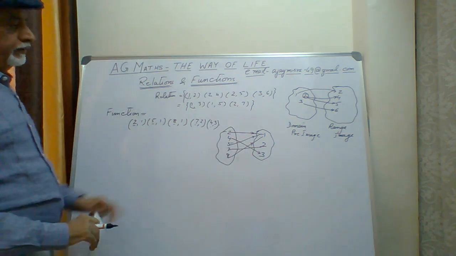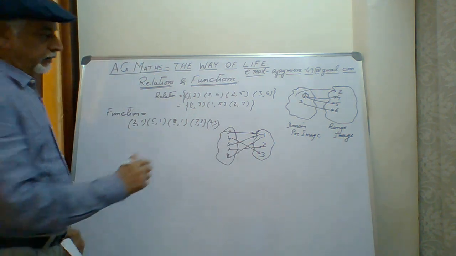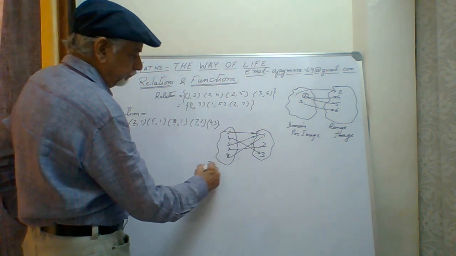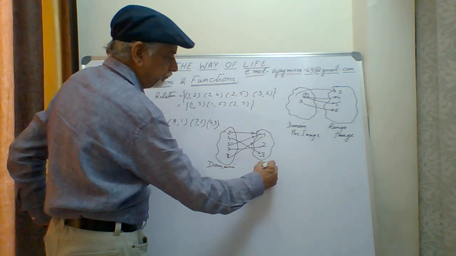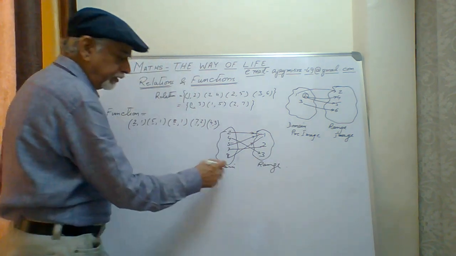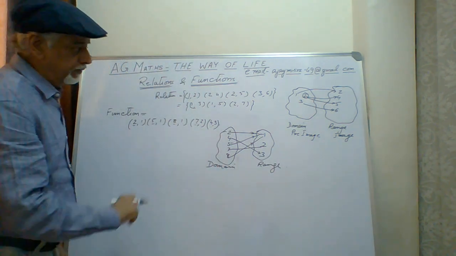Here you'll see the difference. This is called the domain, and this is called the range, or you can also say pre-image and image.